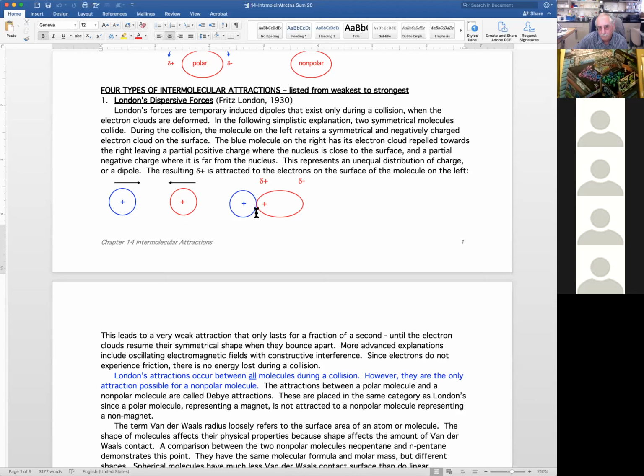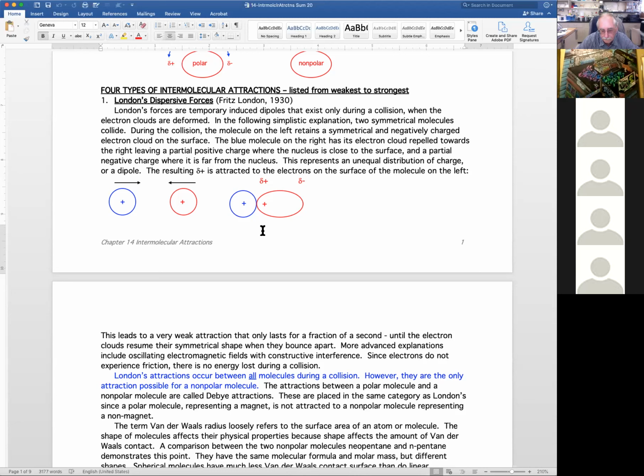But notice that the electron cloud here on the winner has pushed the other electron cloud way over here because electron clouds repel one another. So during this collision, by pushing that electron over there, I made a dipole. Here's the partial negative, here's the partial positive because it's so close to the nucleus. But this is a temporary dipole. It's only going to happen during the collision.